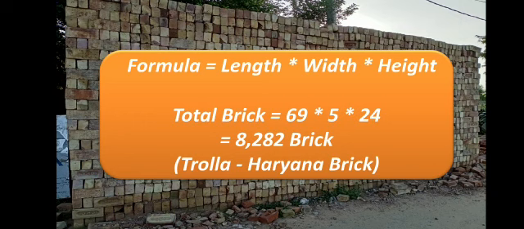So, the product of this number comes to about 8,282 bricks. And here in the picture, you can see the trolla or the Haryana bricks. Wasn't that easy, listeners? A simple formula and the tedious work of calculation of bricks is solved.